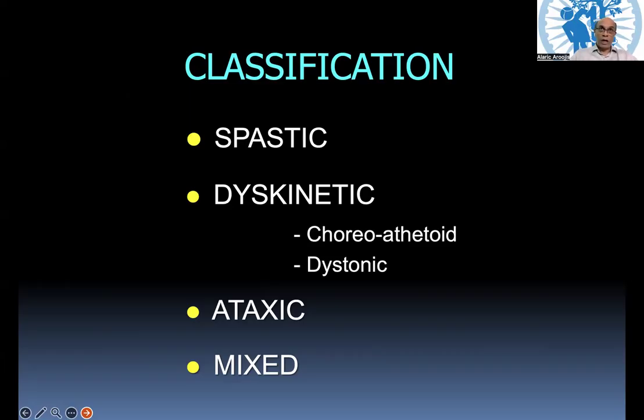And of course, seeing a child with very severe dystonia, we occasionally see them, but not as commonly as we used to before, when we used to have many children who had hyperbilirubinemia and therefore kernicterus and developed extrapyramidal signs of dyskinesia. So, though we do see dystonia, many of them have a combination of spasticity with dystonia.